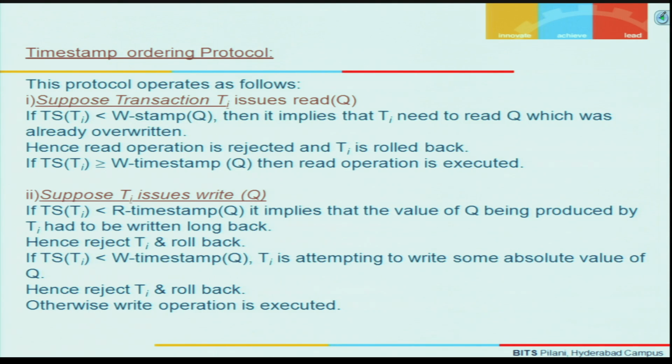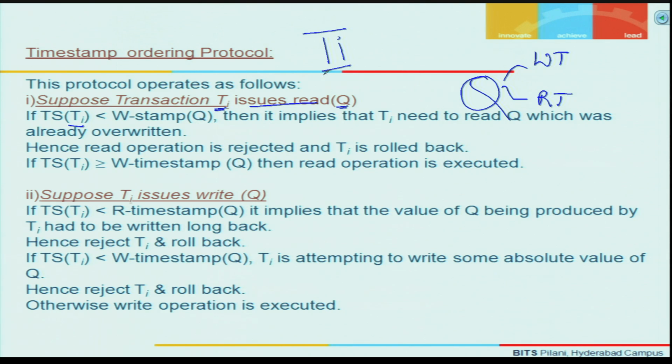Let us assume that there is a transaction Ti which wants to read or write on the data item Q. Suppose the transaction Ti issues read operation on data item Q. Q will definitely contain write timestamp and then read timestamp.